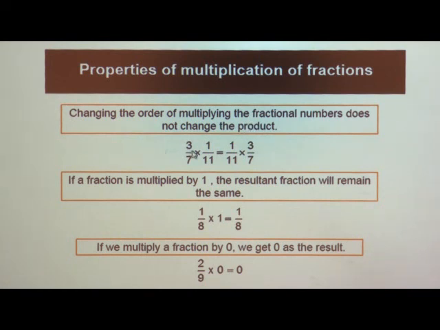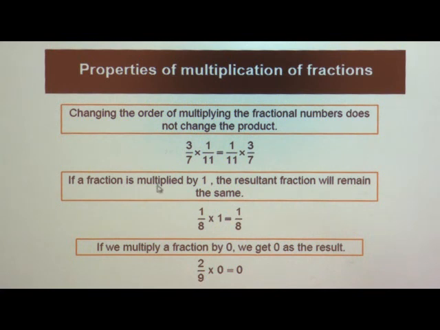We will see one example here. 3 upon 7 multiplied by 1 upon 11 is equal to 1 upon 11 multiplied by 3 upon 7. I just interchanged the order of multiplication, and the product, that is the answer, will remain the same.